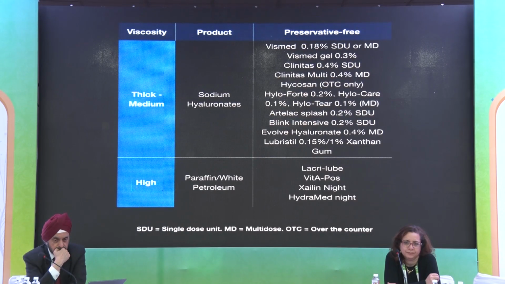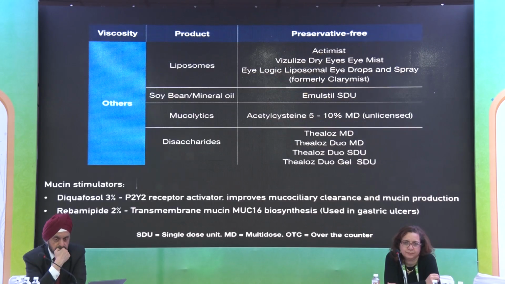Sodium hyaluronates themselves also have been shown to improve epithelial healing. And if high viscosity lubricants are required, then paraffin gels can be considered in these patients. There are other products which are available like liposomes, and mucolytics are specifically used if neurotrophic keratopathy is also accompanied by filamentary keratitis. So in these cases, mucolytics like acetylcysteine 5 to 10% should be used.